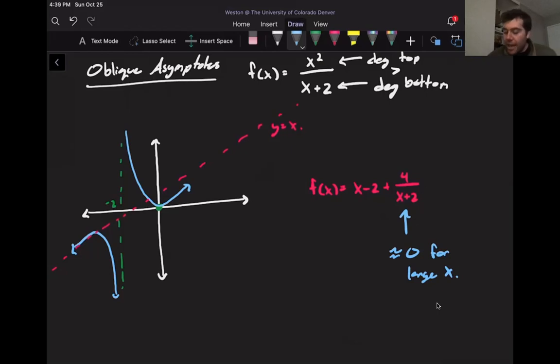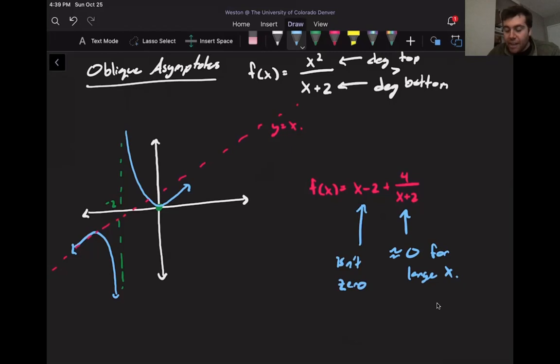Yeah, so for large x, the 4 divided by x plus 2 is about 0. But this part isn't 0. It's still acting like x minus 2.